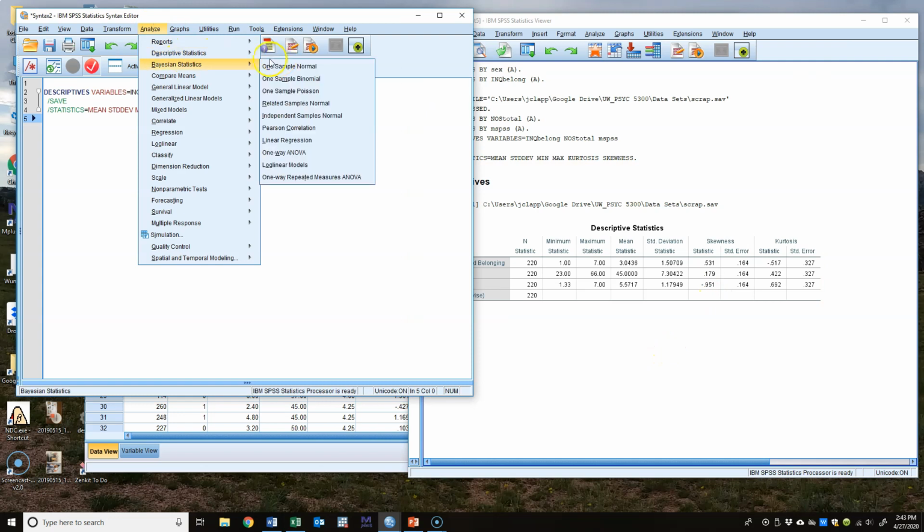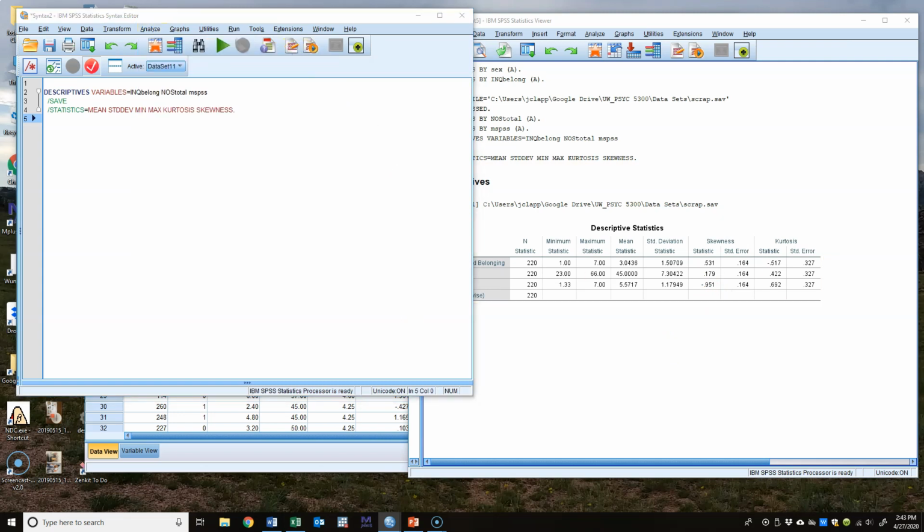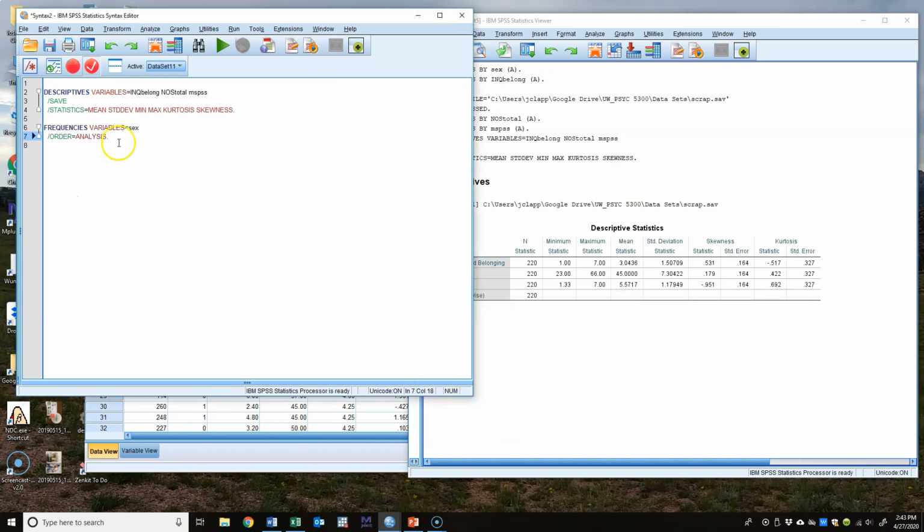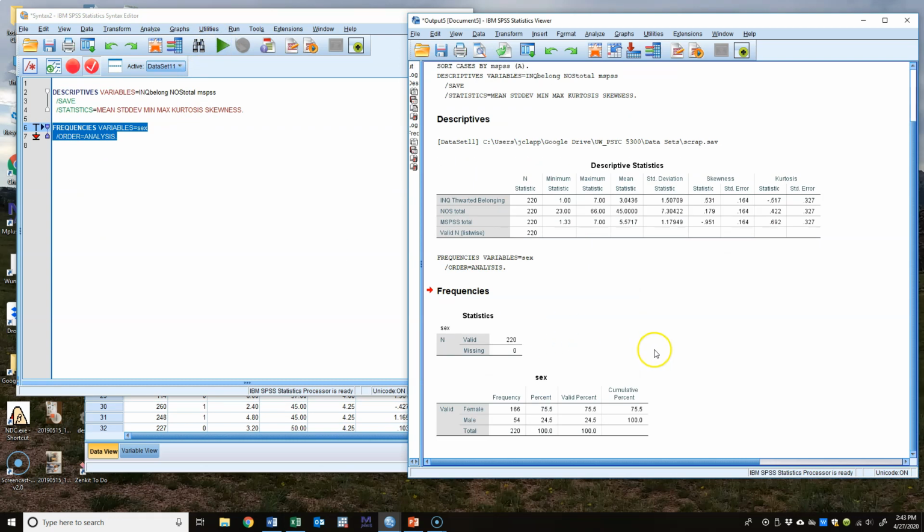Also, because we have a dichotomous predictor, I want to look at frequencies for participant sex. Take a look here. So we definitely have an unbalanced design. We have twice over again the number of women as we have men in this sample, so about a 3-to-1 ratio of women to men.